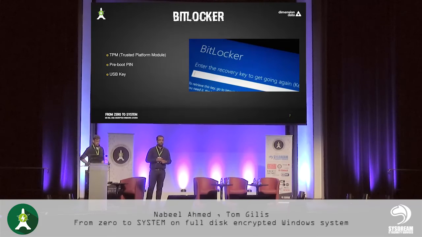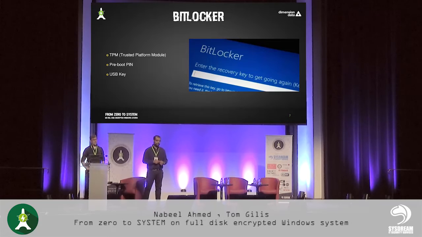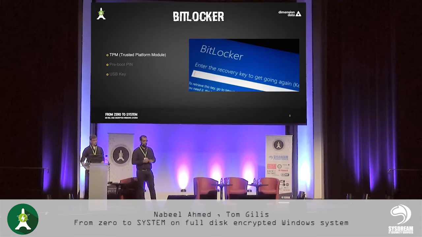You use a pre-boot pin to enable the authentication, the decryption process. Then you have the USB key. Then you have to use a physical USB thumb drive that holds the secret password to decrypt the hard drive. But we will only focus on the TPM.